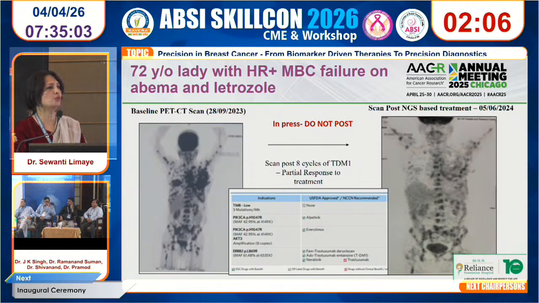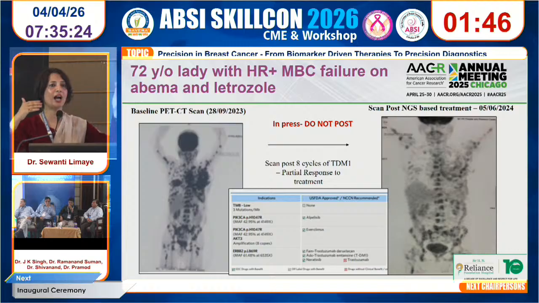I, as a junior intern, was documenting patient after patient the responses, the magical responses that appeared as an outlier. It was only when I became a faculty and I could look back into the HER2 story that I realized that this was the pathway across different cancer types that was actually holding the story true.